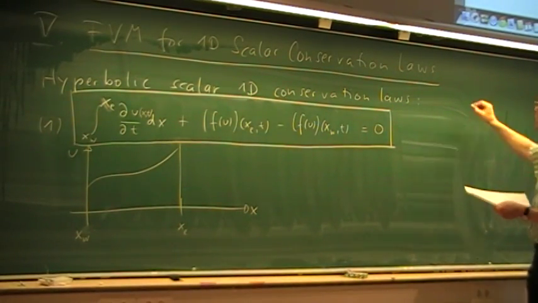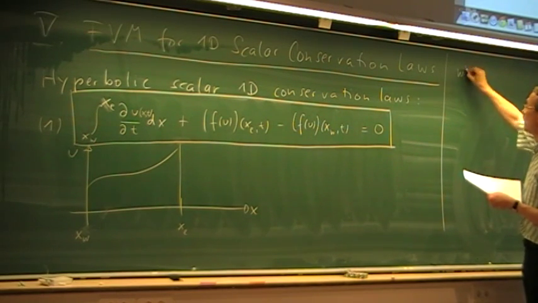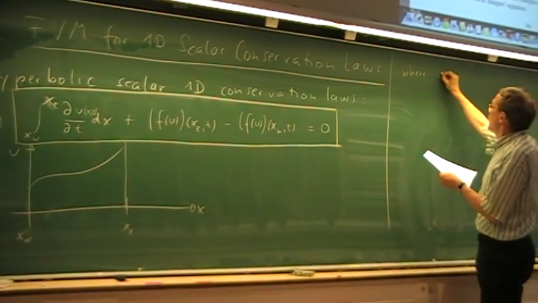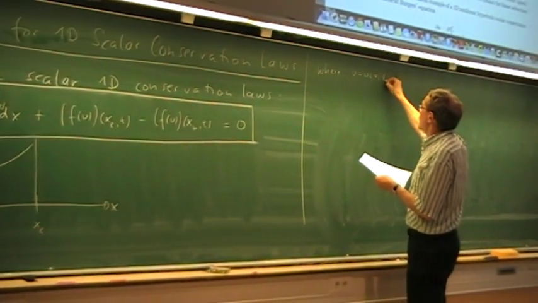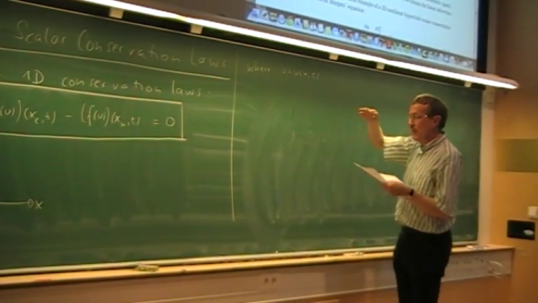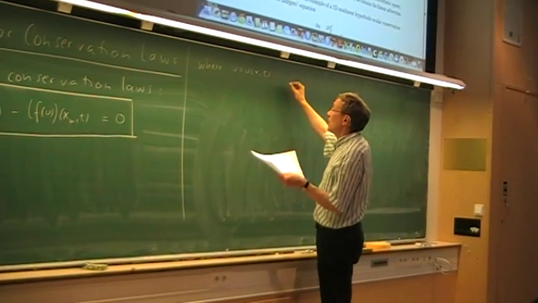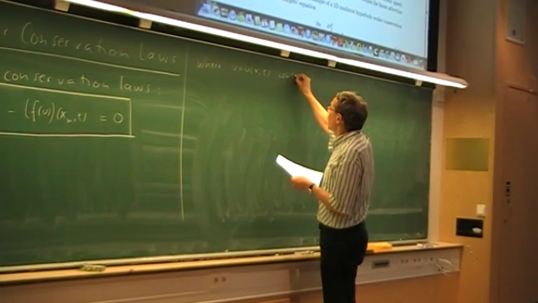And in this equation 1, we have u as a function of space, that is the x-coordinate, and time t, that is our conserved variable.